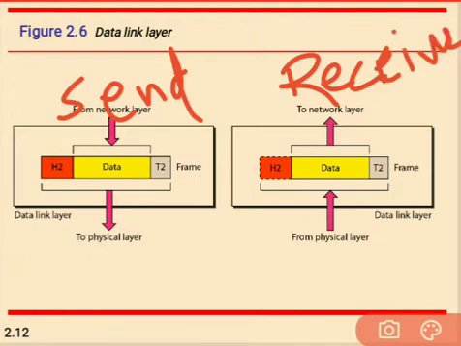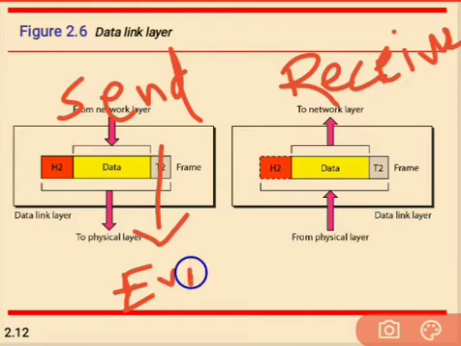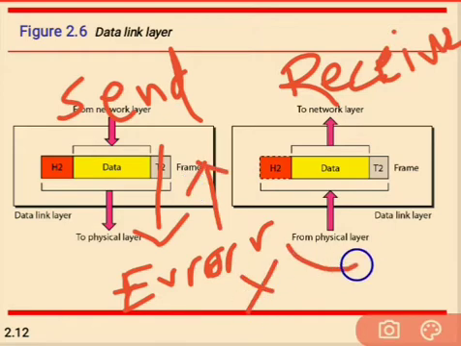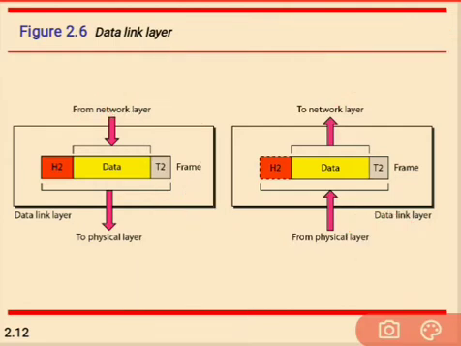If he is sending and there is any error, then the data link layer will send it back. If there is no error, then it will send to the receiver. So this is one more function in the data link layer, that is error control.